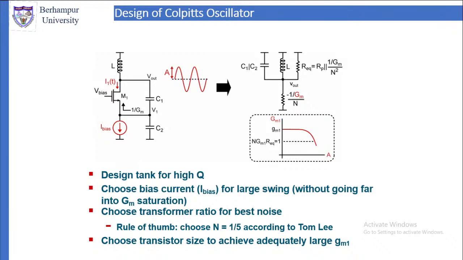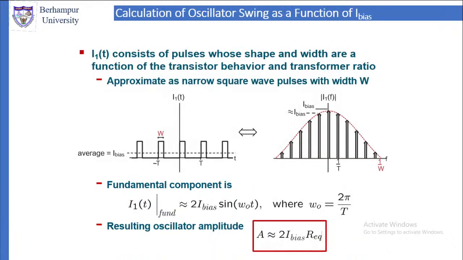First design the tank circuit for high Q, then choose bias current, I bias, for large swing, without going far into the Gm saturation as in the previous case. Then choose the transformer ratio for the best noise. Thumb rule is N is equal to 1 by 5 according to Tomley. Then choose transistor size to achieve adequately large Gm1.